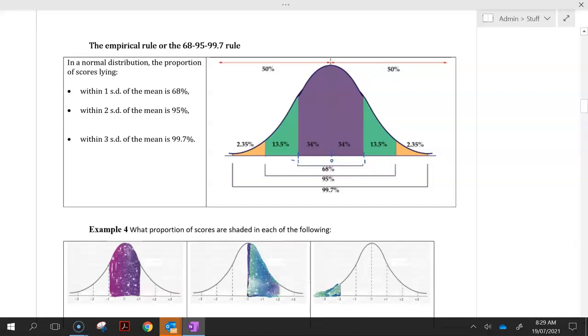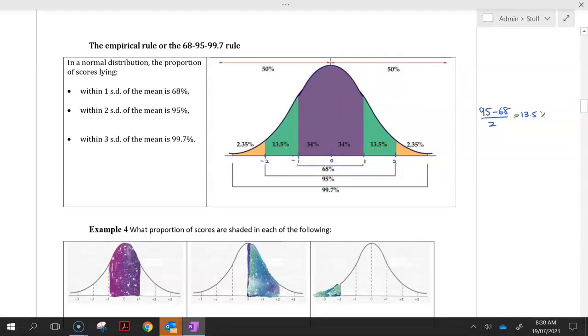The next piece of information you're given is 95% lie within 2 standard deviations of the mean. Now, a lot of people then break that down further. So if you do 95 minus 68 divided by 2, you'll get 13.5%. And this tells you how many lie between 1 and 2 standard deviations.